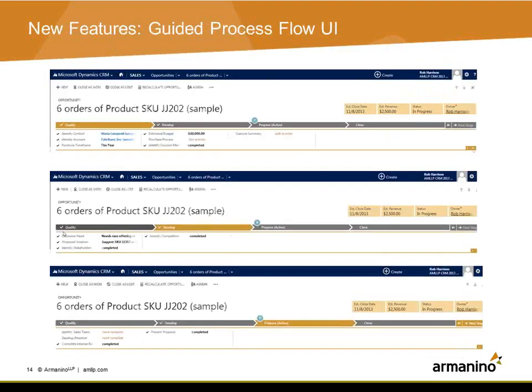The next thing we're going to look at just briefly is this feature called Guided Process Flow UI. And what I've done is I've thrown a couple of screenshots into here.